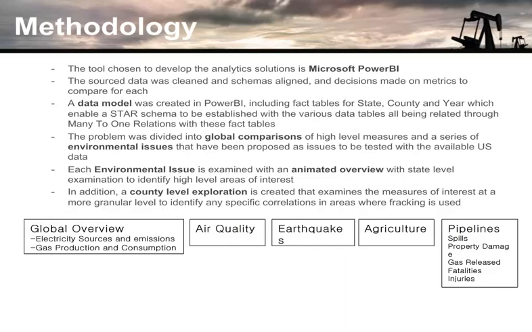I chose to use Microsoft's Power BI to develop our solutions, and a lot of our effort also went into firstly cleaning and then aligning all of these data sets together to be suitable for use in our presentation.